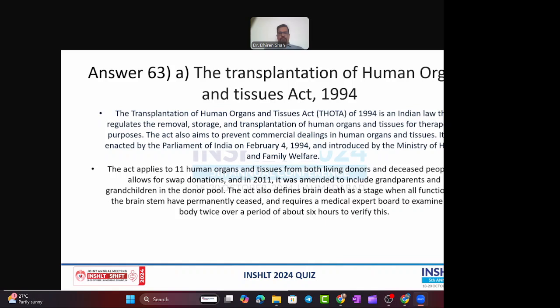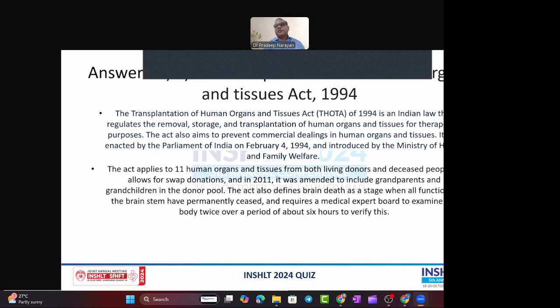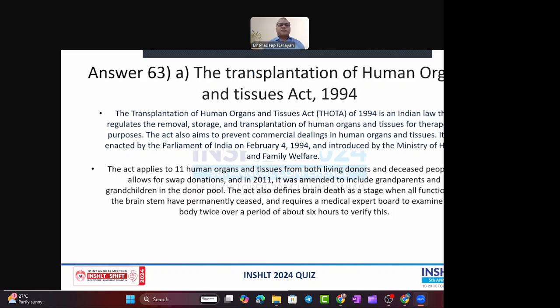And this act was passed in 1994. There has been a recent revision that came out in the newspapers, but we have not seen the final copy of what changes have happened. So for all practical purposes, this is the last guideline that we have on the subject. And the entire country follows these guidelines even today. Yes, 1994 Transplant Act. Yes, sir. Next slide, please.